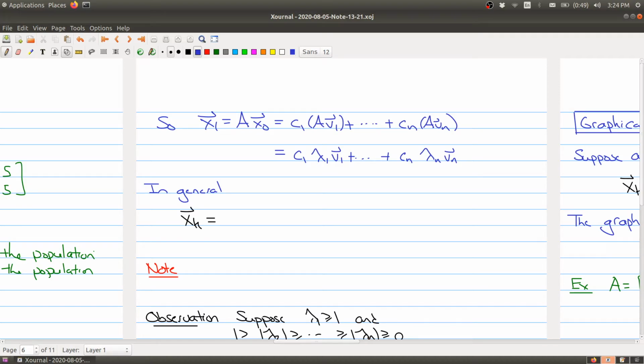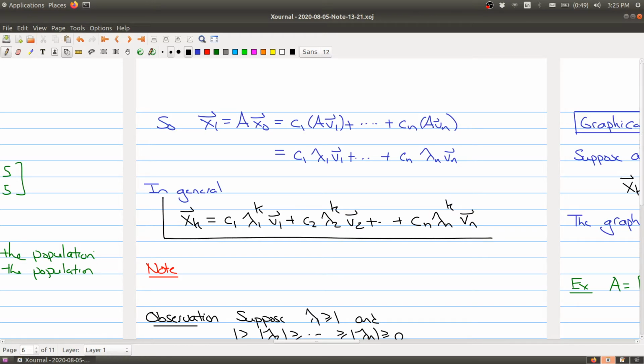But then you can keep reiterating this process, and eventually, for any k, you're going to end up with c1 times lambda 1 to the k times v1, plus c2 lambda 2 to the k v2, up to cn lambda n to the k times vn.